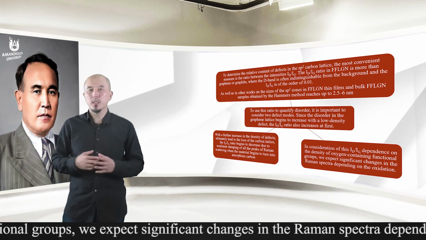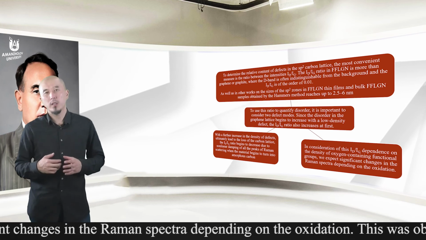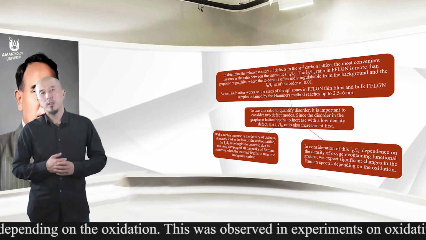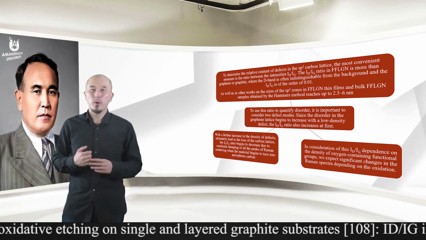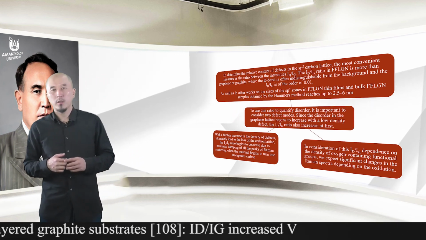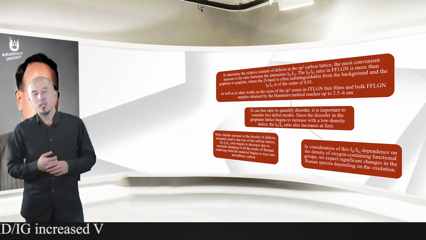For edge defects, another formula, the Tuinstra-Koenig ratio, is more appropriate. Here lambda is 2.4 nanometers.